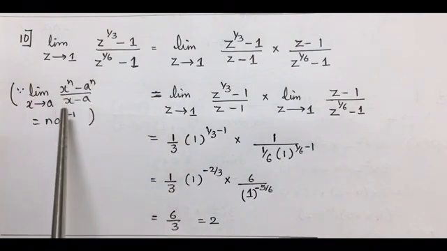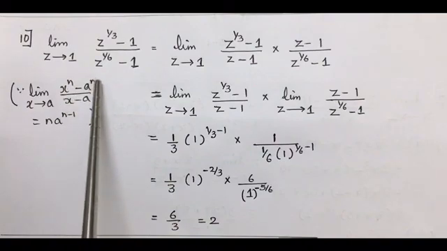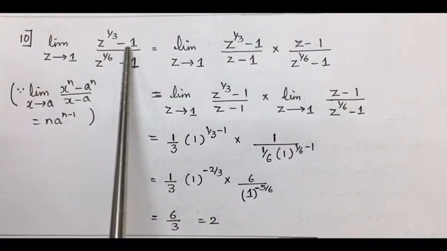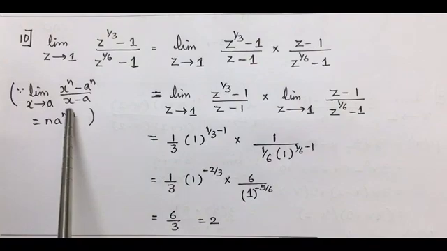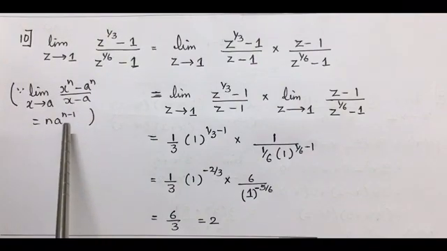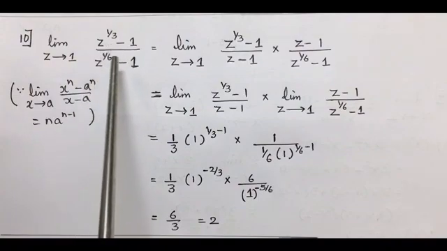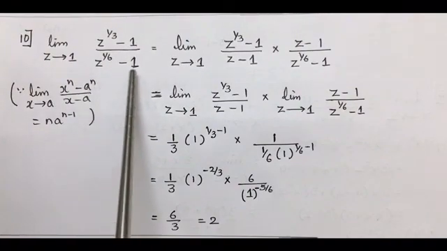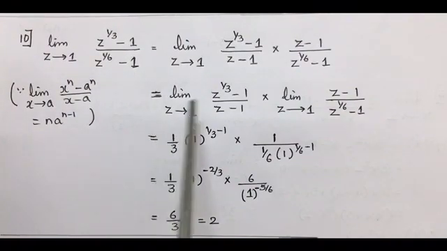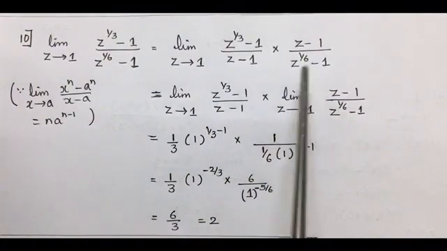Now as per this formula, x raised to n minus a raised to n, we already have it, but x minus a is not there. In this, instead of a we have 1. So again we will go for adjustment.